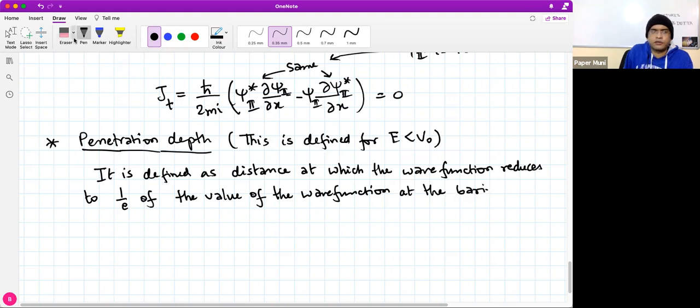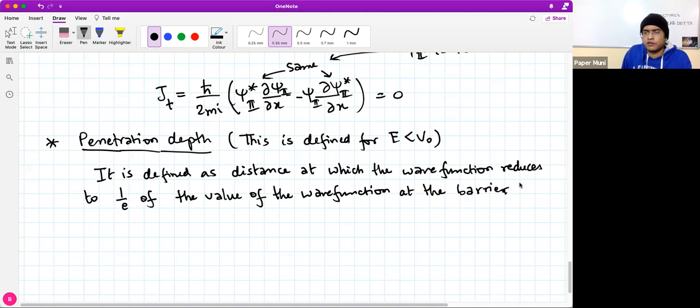Now I do not know if you have come across this kind of quantity in electromagnetic theory, regarding the skin depth. Whenever an electromagnetic wave is incident on a conducting interface, there's a quantity called skin depth. The definition is similar.